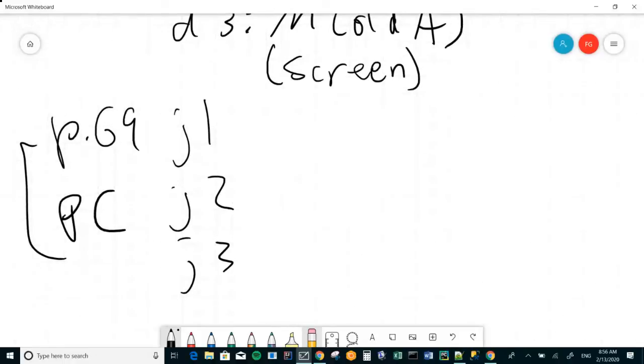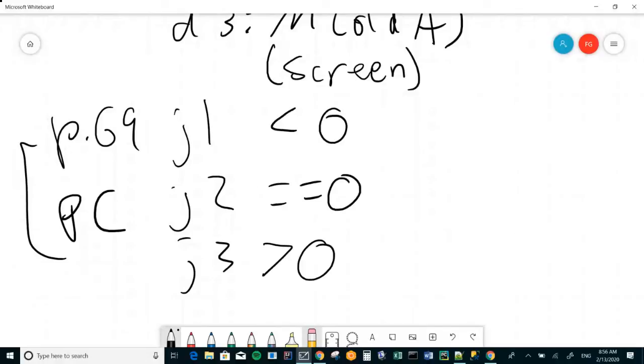So what these represent are the conditions under which the program counter actually changes, right? So J1 is if the output is less than 0, J2 is if it's equal to 0, and J3 is greater than 0. So to determine these, you're going to use the ZR and NG outputs of your ALU.